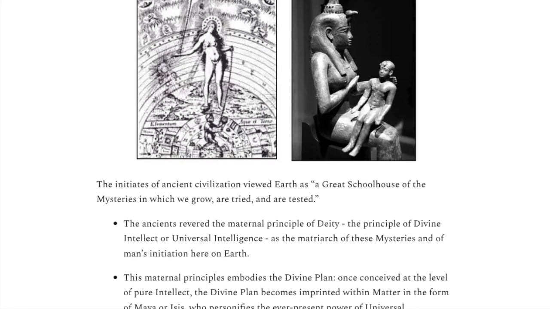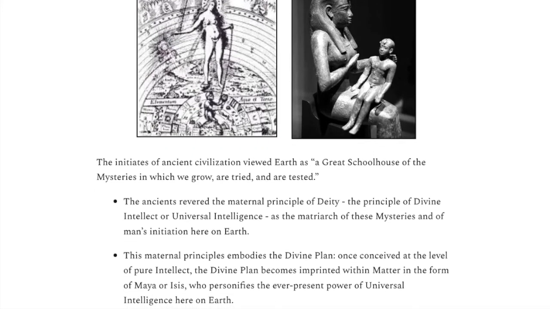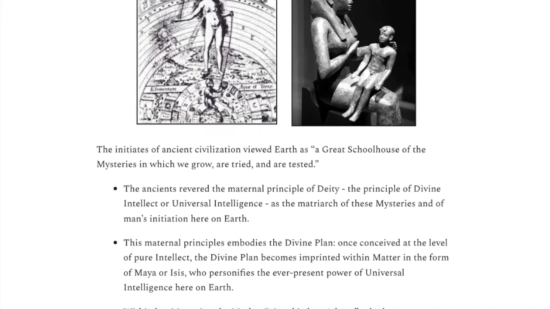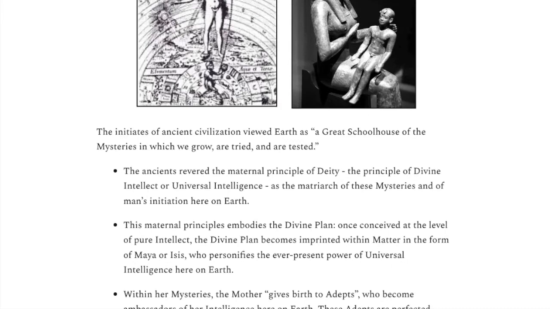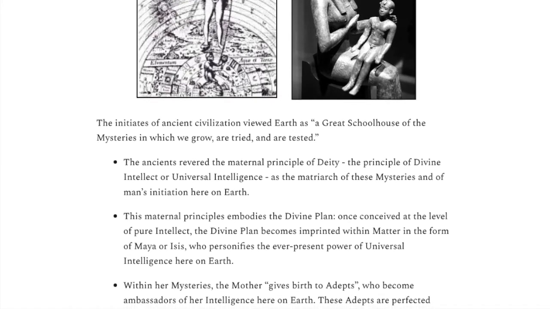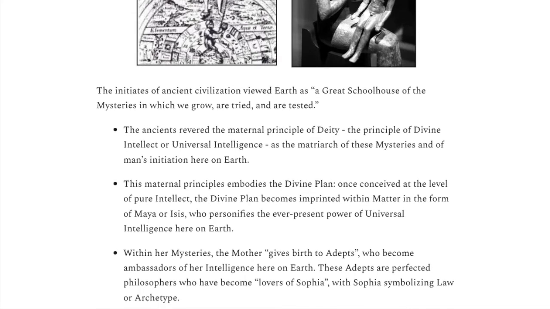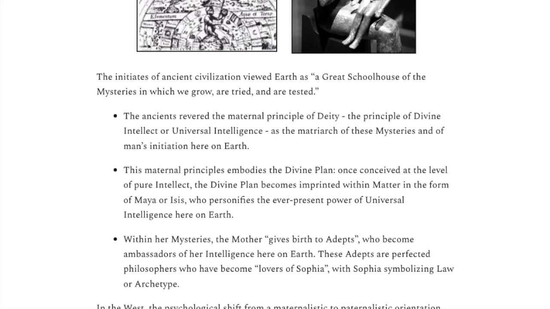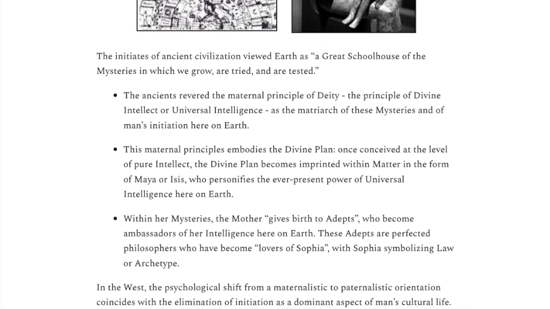Once conceived at the level of pure intellect, the divine plan becomes imprinted within matter in the form of Maya or Isis, who personifies the ever-present power of universal intelligence here on Earth. Within her mysteries, the mother gives birth to adepts, who become ambassadors of her intelligence here on Earth.